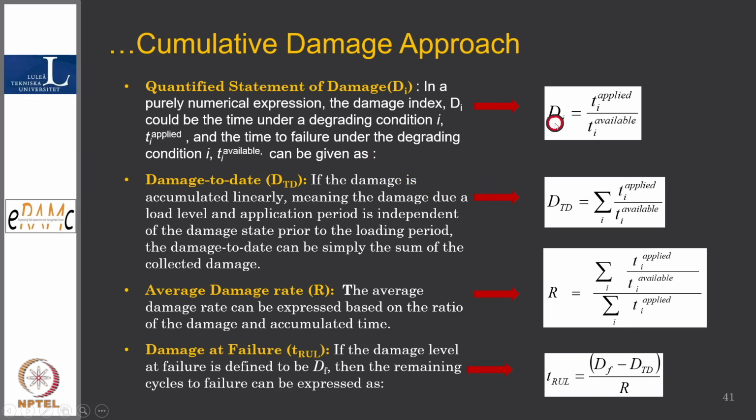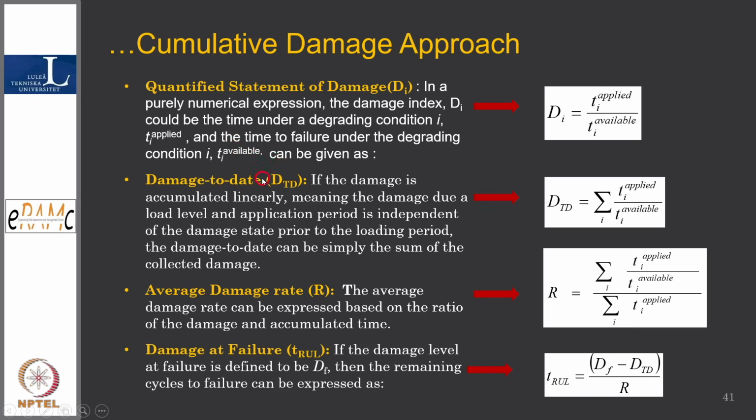So the damage index uses T applied and T available. What are T applied and T available? T applied is the time under degradation condition, the time we apply the load, and T available is the time to failure under the degradation condition.